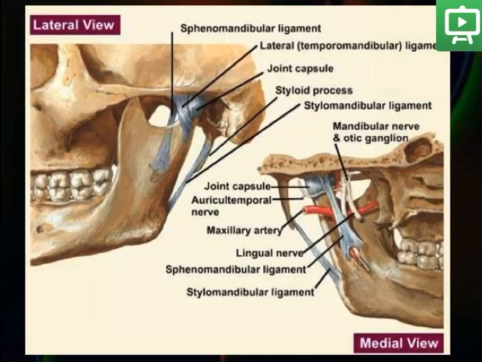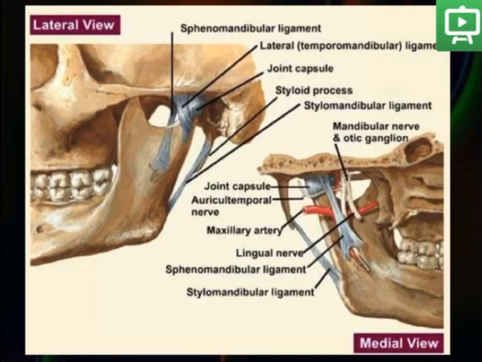The temporomandibular joint is composed of an articular disc that separates two joint spaces, upper and lower compartments, filled with synovial fluid. The ligaments are shown here. There is a joint capsule, which is too weak to support the mandible but helps maintain it in place.